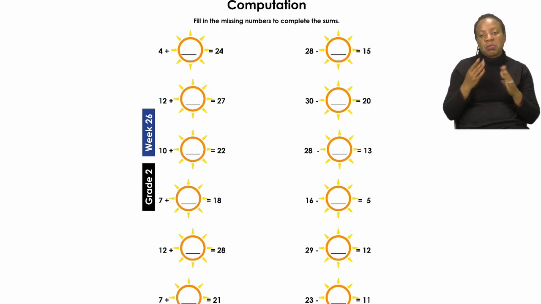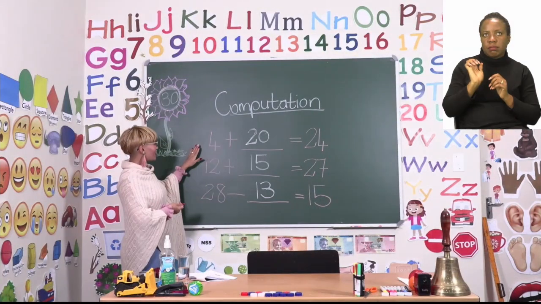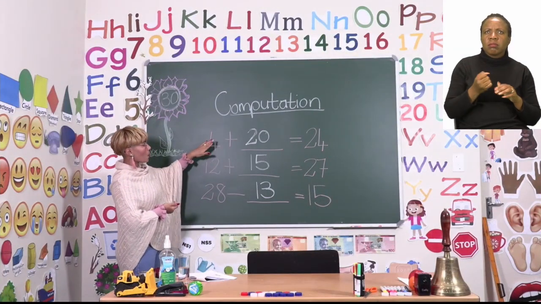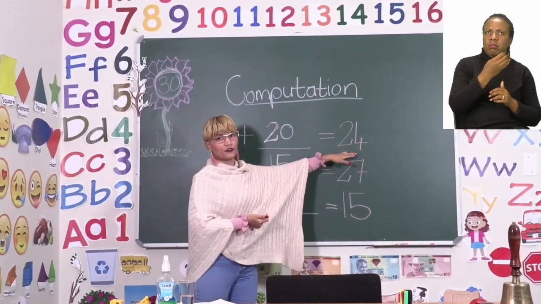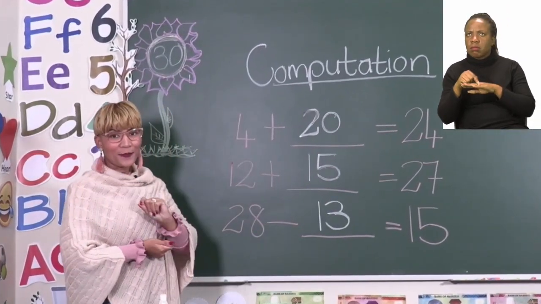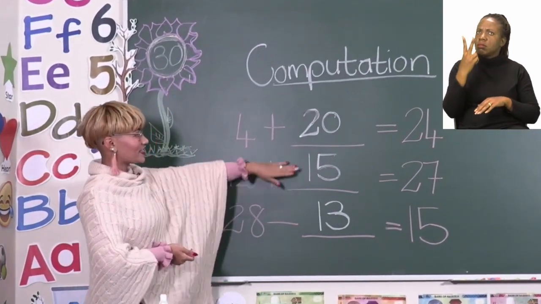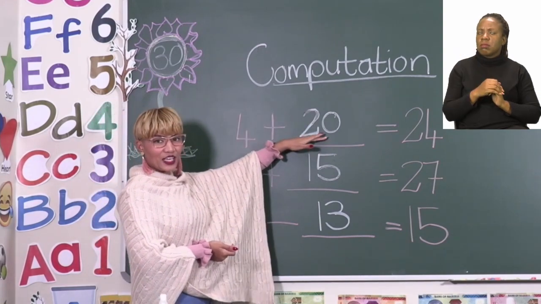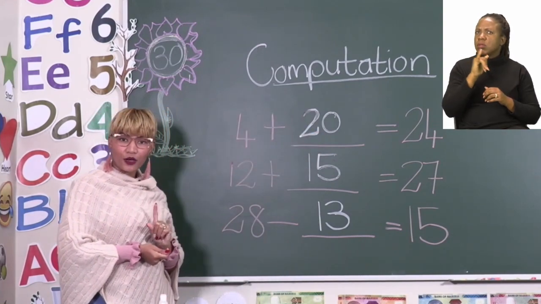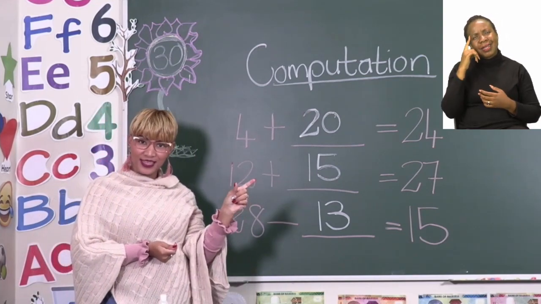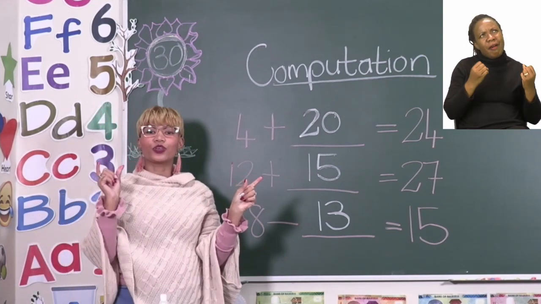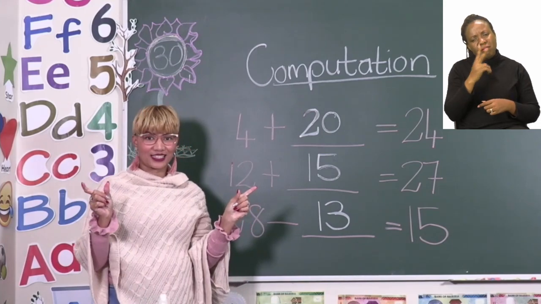Now let's quickly look at the examples. The first example I have done for you was 4 plus equals 24. So the number that was missing was the number 20. So you have to work out how much you have to add to the number that is given to you to get your answer.